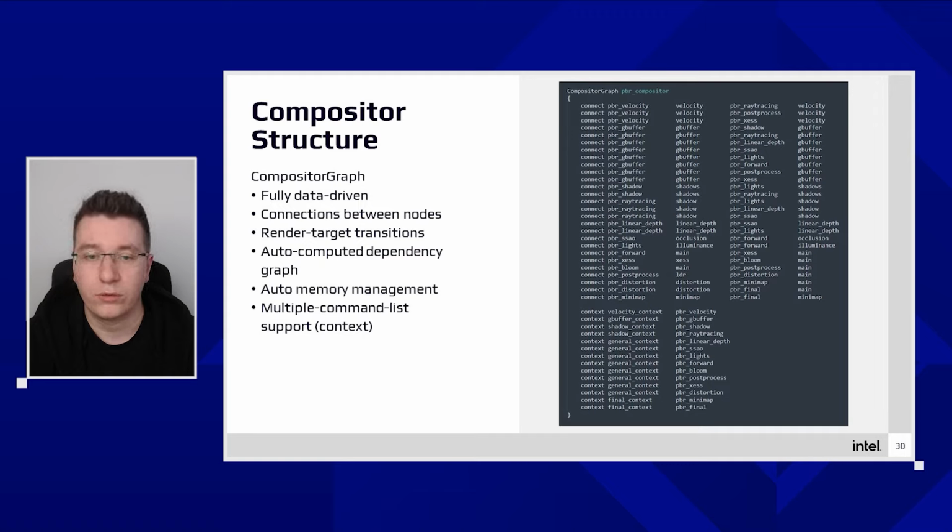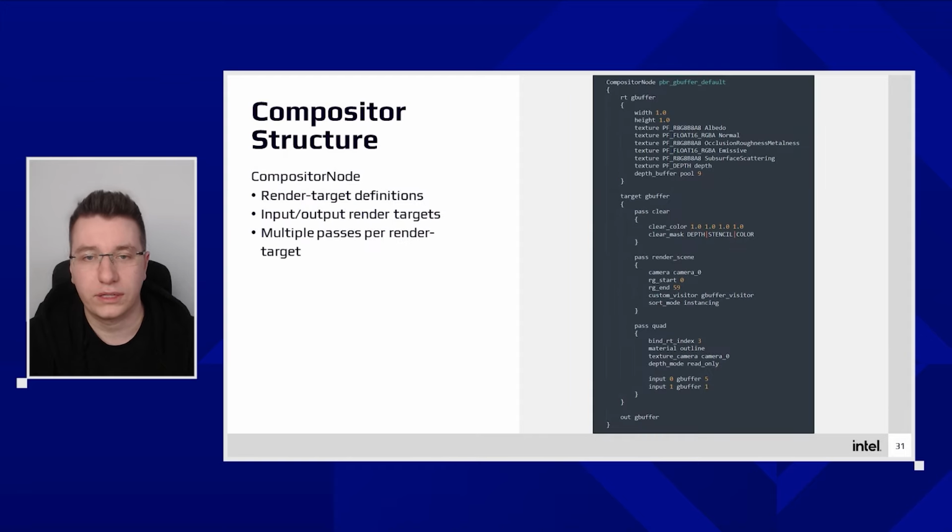As you can see, we also group the nodes into contexts that represent separate command lists that we can compute on multiple threads. Now we have the compositor node that defines render target, inputs and output, and multiple passes that will be executed on the render targets. I will talk about those passes later.